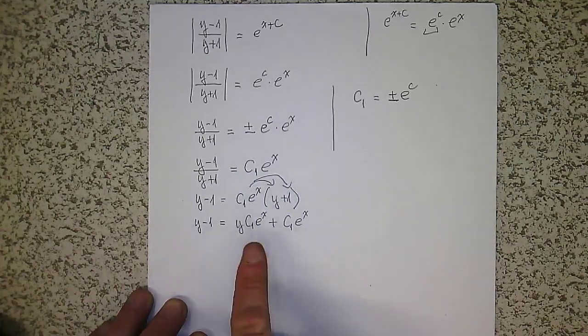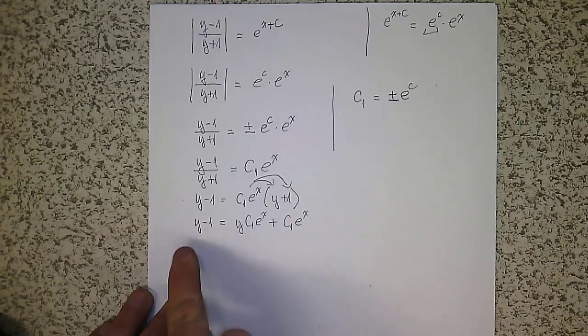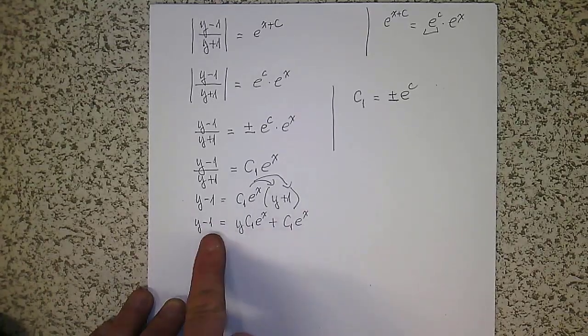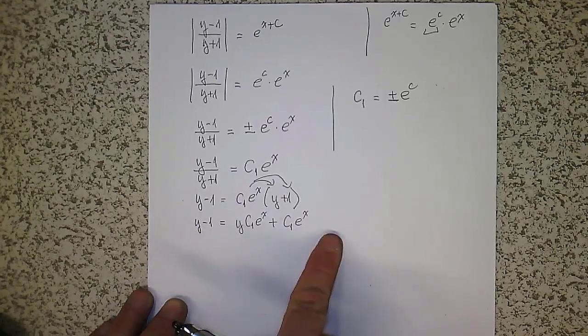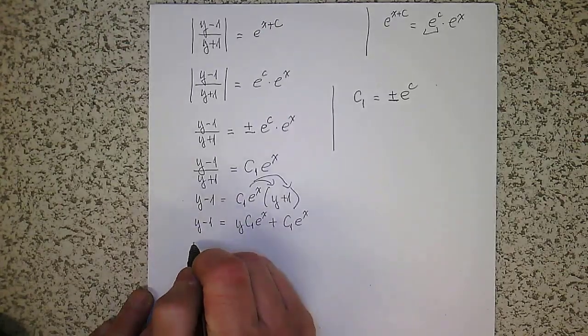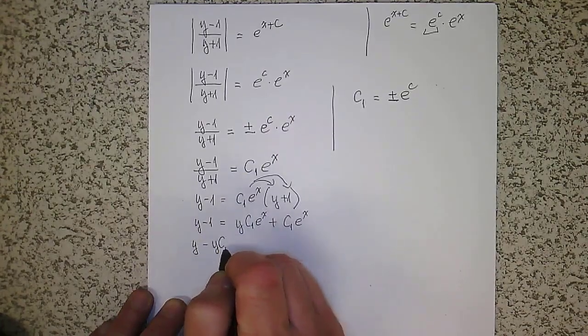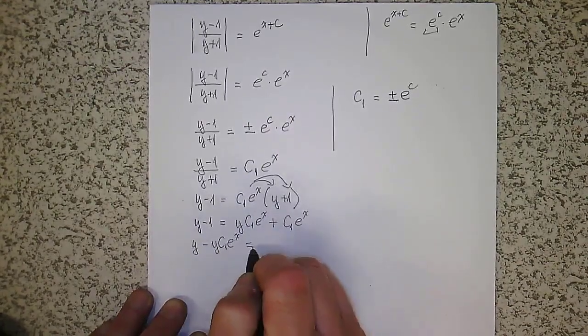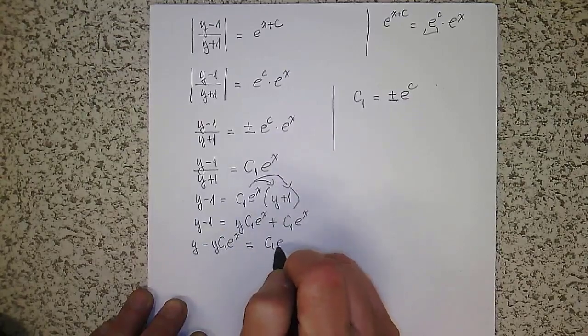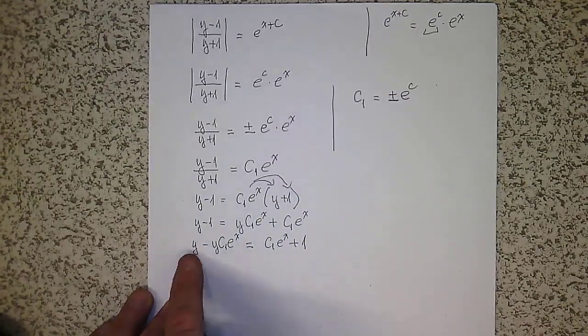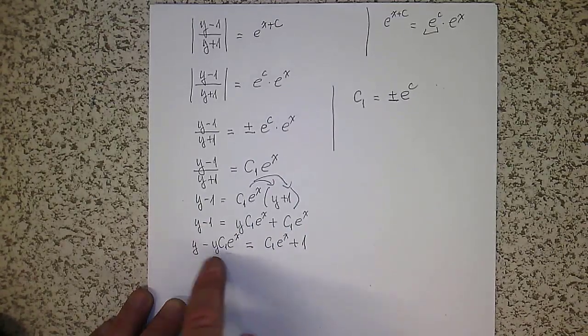And now I'm going to rearrange. I'm going to bring the term involving y to the left hand side, and I'm going to bring that constant term to the right hand side. So in my next step, y minus y times c1 e to the x will equal c1 e to the x plus 1. Now on the left hand side, I see like terms, in the sense that they all have the common factor y.